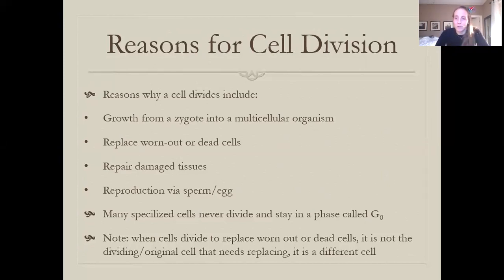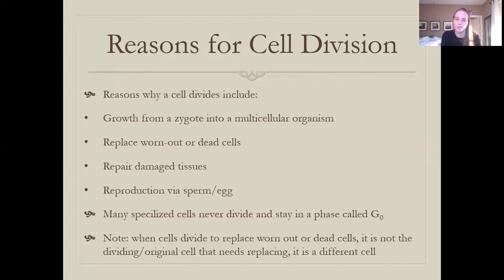This happens with most of the cells in your body, all at different rates. Also, if you have any damaged tissue, for instance, if you cut yourself and that cut needs to heal, then your skin cells surrounding that cut will divide and replicate until that cut is healed over.